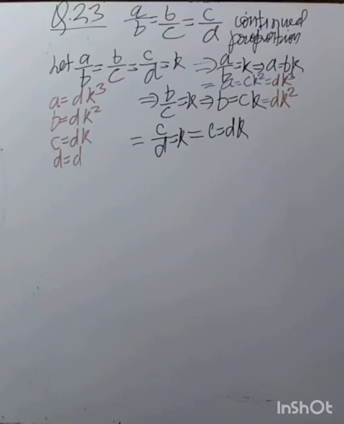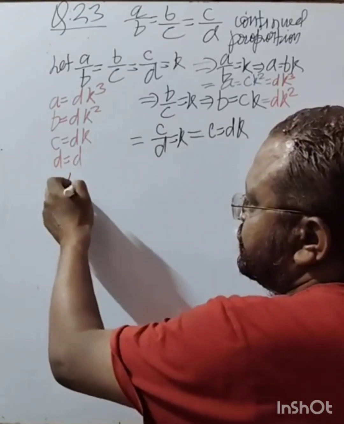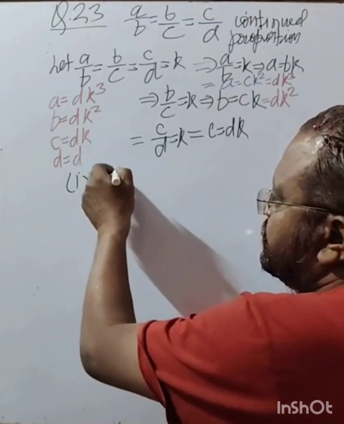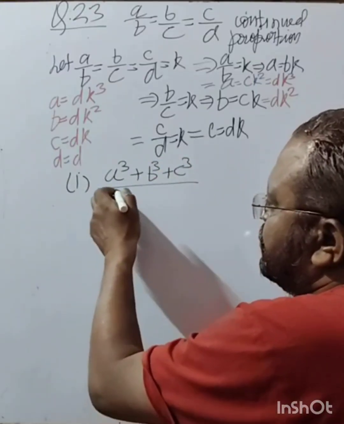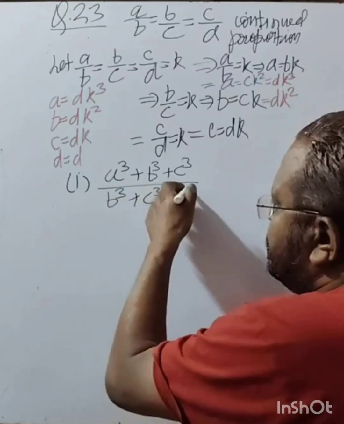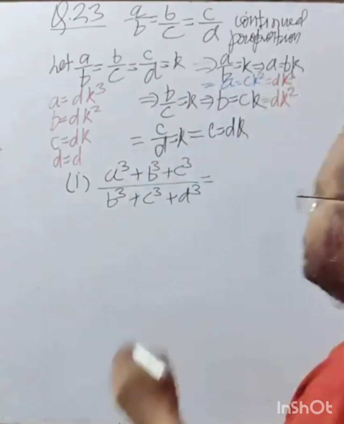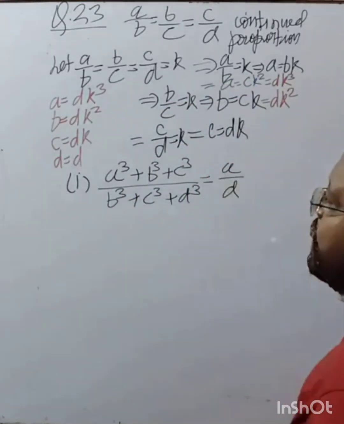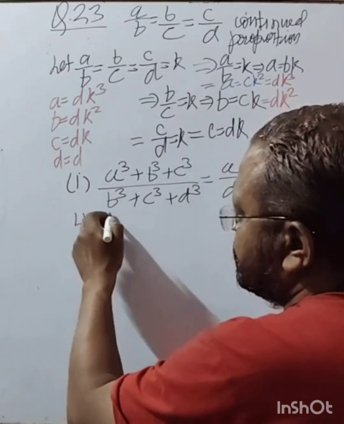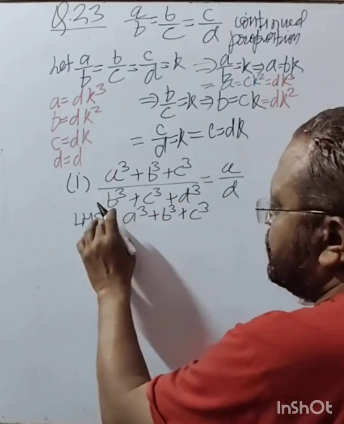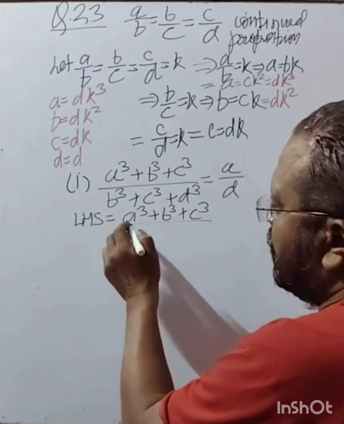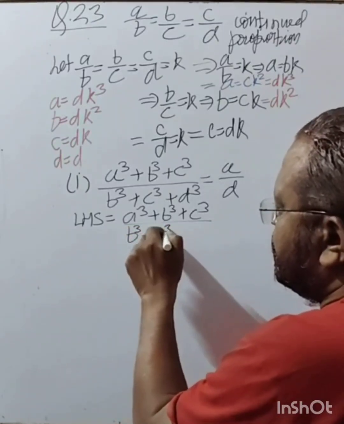Now what is your question? A cube plus B cube plus C cube upon B cube plus C cube plus D cube is equal to A upon D. So LHS is A cube plus B cube plus C cube upon B cube plus C cube plus D cube.